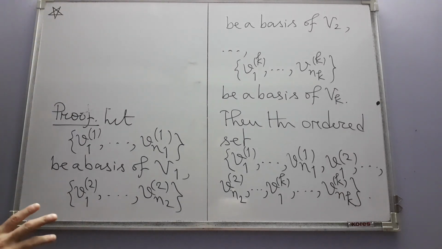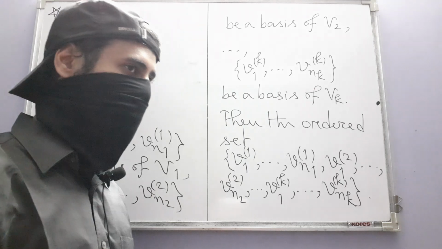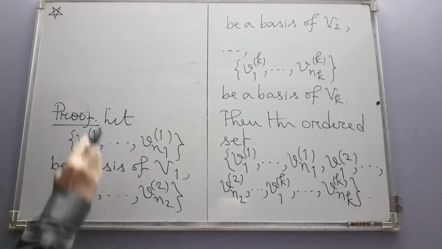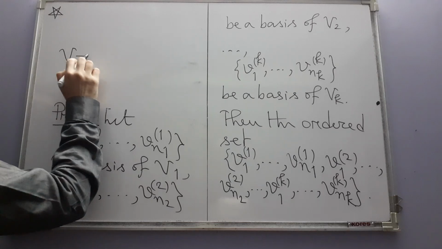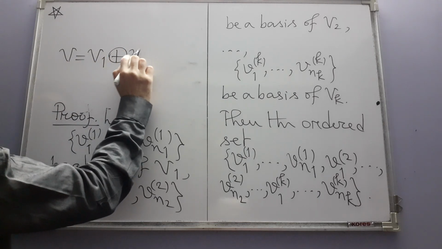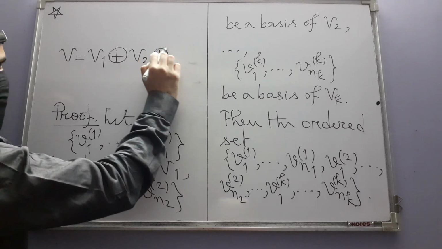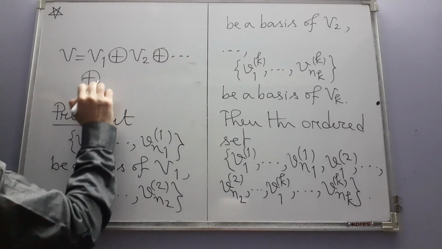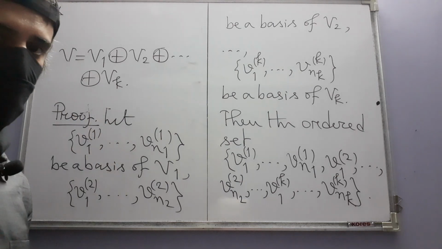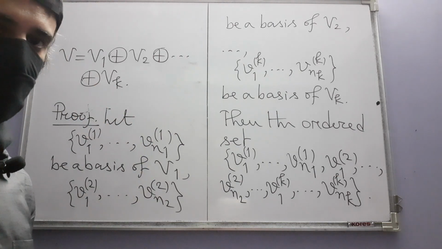Now, in doing these two things, you keep in mind one thing. Do not forget that V is the direct sum of these spaces, which means what? It also means two things.